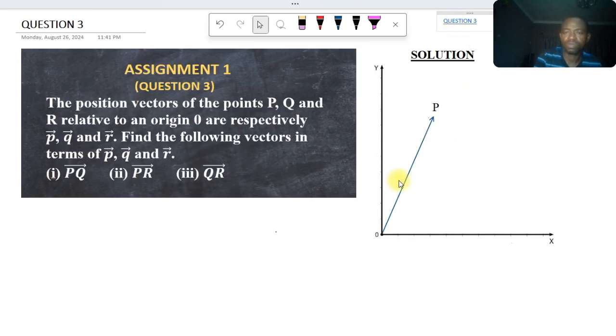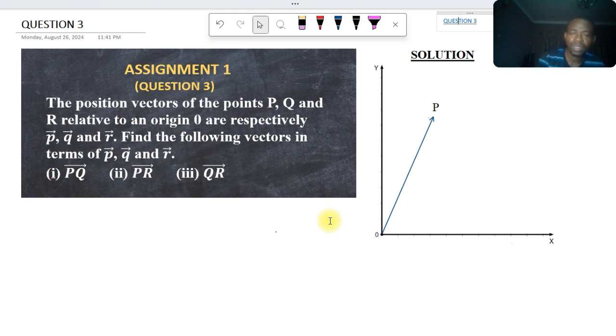Now before this question will be properly answered, we need to recall what we mean by position vector. As discussed in class, a position vector represents a point relative to another point that is usually the origin.